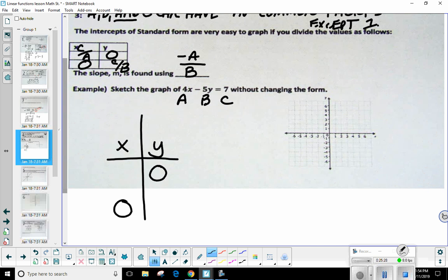All right. Can anybody tell me just straight by looking at it, what is the x-intercept? Remember the ratio was what? There you go, C divided by A, so 7 divided by 4. So immediately, if we were to go ahead and kind of simplify that, that would be 1 point what? 1.25?